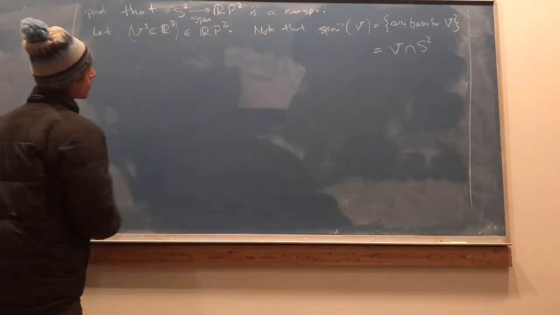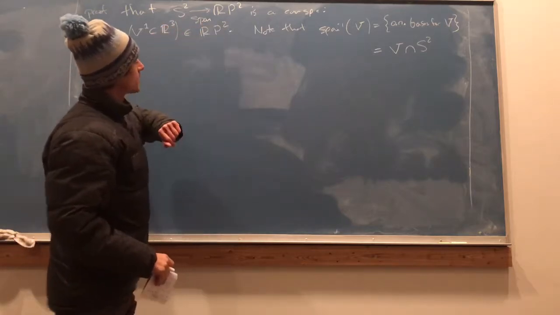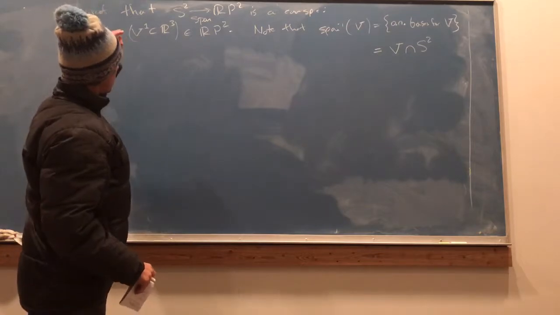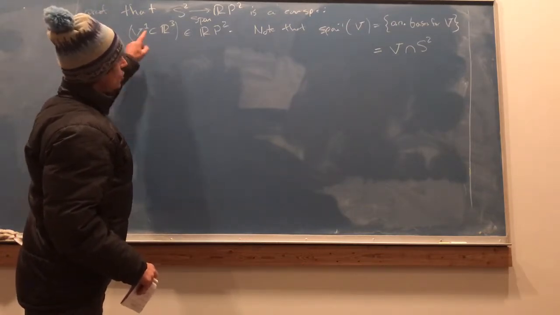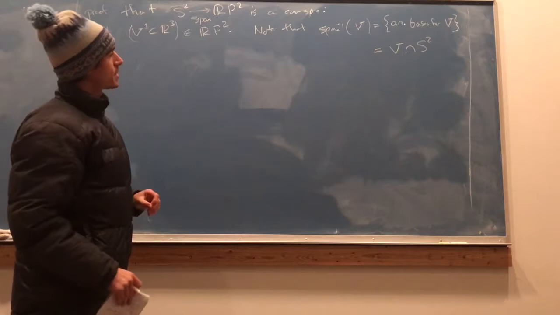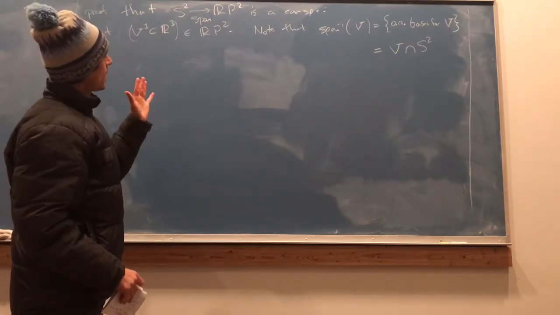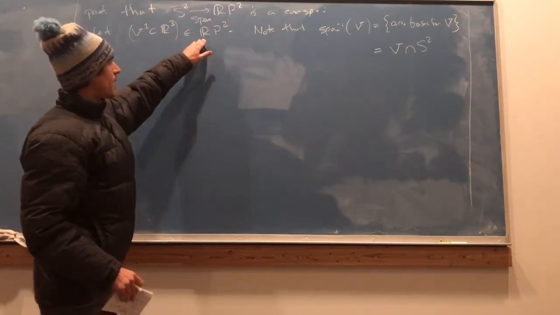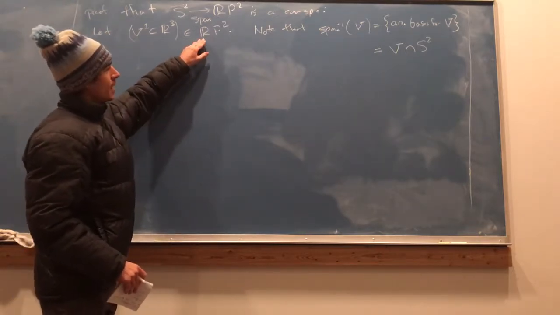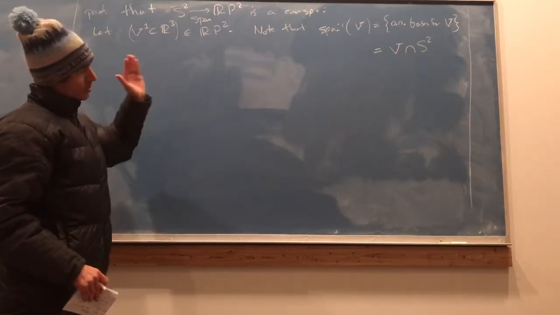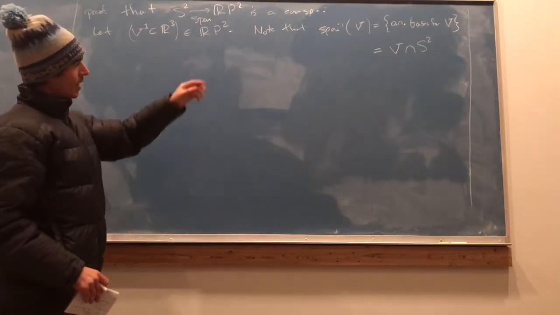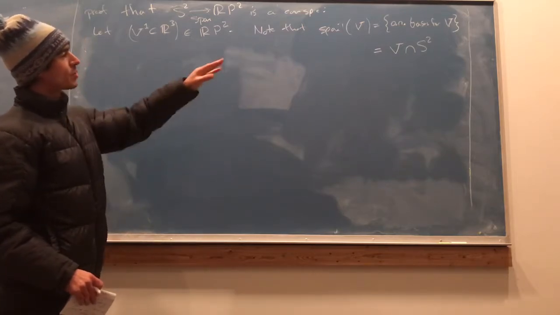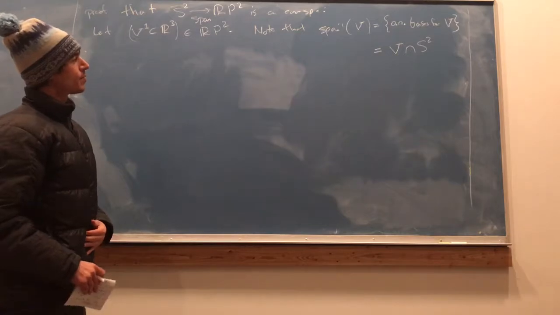So the problem of showing that this is a covering space can be phrased as the following. If you're given a choice of an orthonormal basis for V and a nearby one-dimensional vector space, nearby in the sense of the topology on RP2, is it possible to determine an orthonormal basis for that nearby one-dimensional vector space as well, from this choice of one for V?